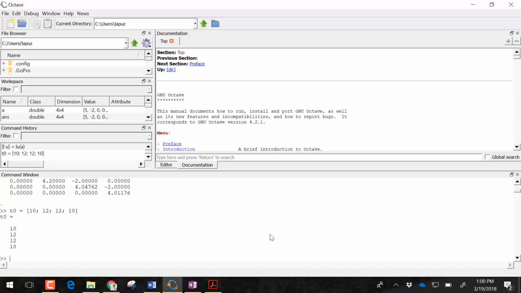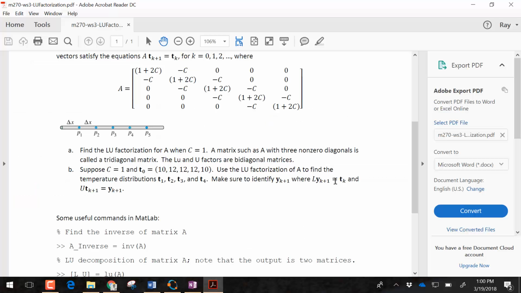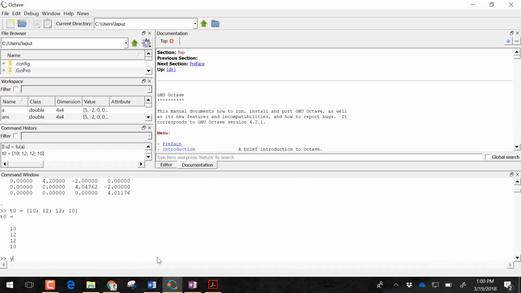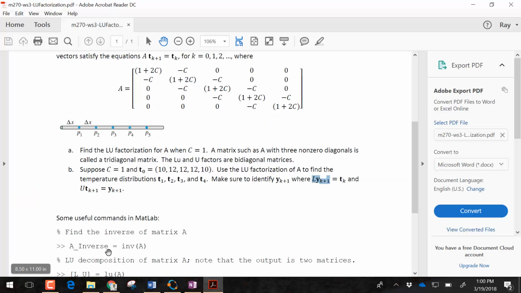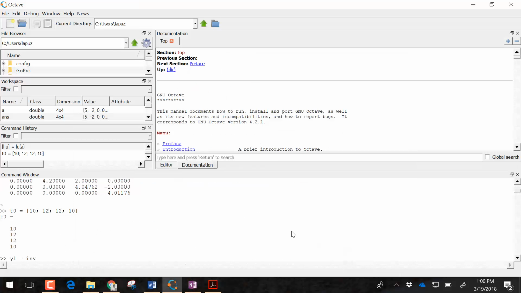That's my T sub 0. I'm going to find my Y sub 1 by solving for Y sub 1 here, which means I need to apply T sub 0 to the inverse of the L matrix. So I'm going to say Y1 is going to equal the inverse. What is it, INV or the whole thing? I think it's INV, right? So INV of the L matrix.